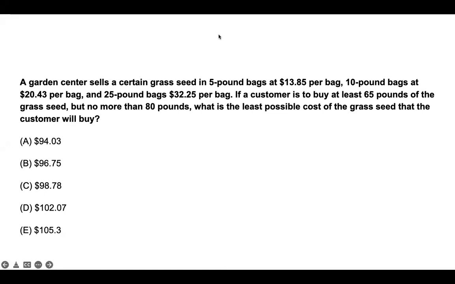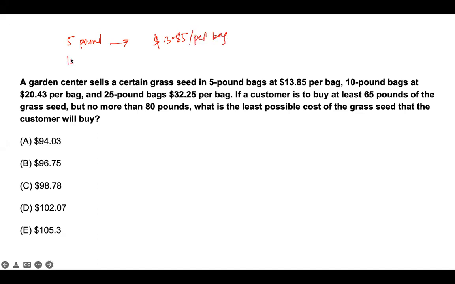Okay, so in this question, we are given that a garden center sells a certain grass seed in a 5-pound bag. So for the 5-pound bag, the cost is around $13.85 per bag, average cost.